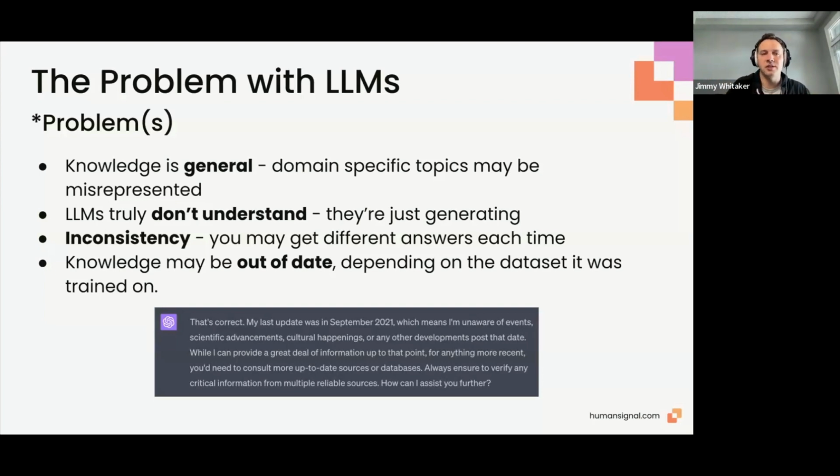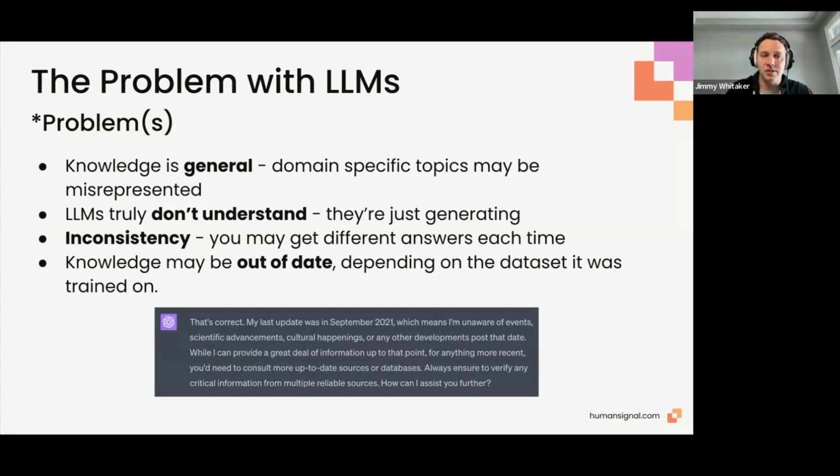A lot of times we talk about how the model understands this or that. The answer is, not really. It's just generating things from the training data it's got. There are a lot of arguments to be had around definitions of things here, but LLMs truly don't understand. They're just generating. And this can lead to a variety of other things.